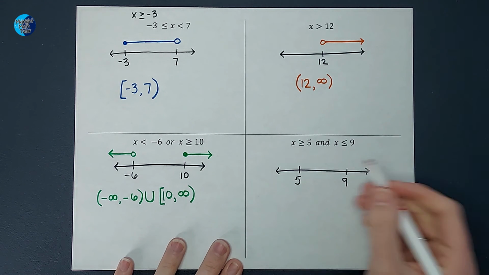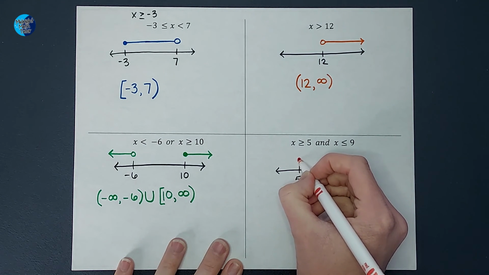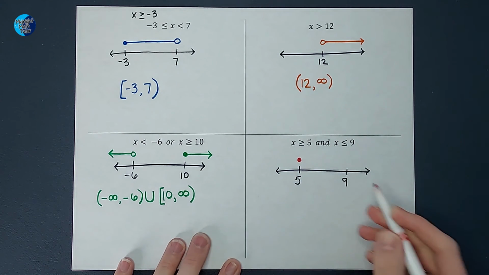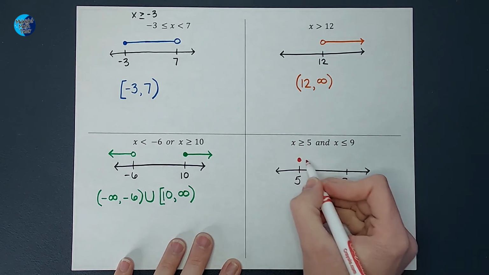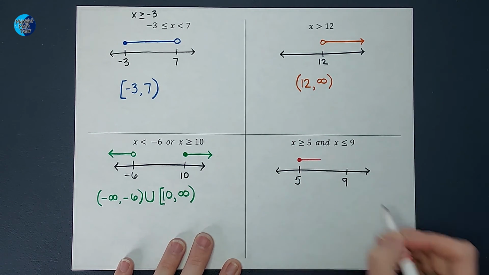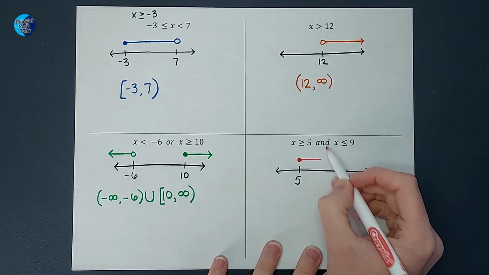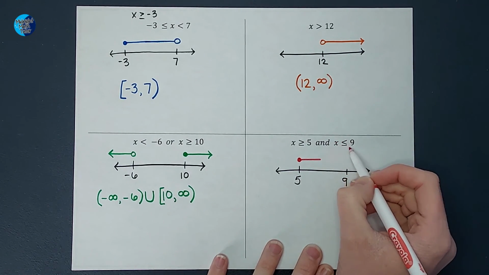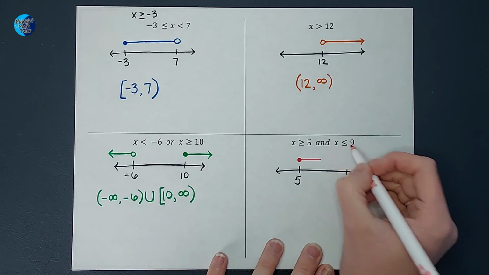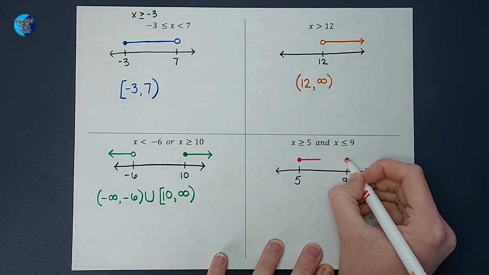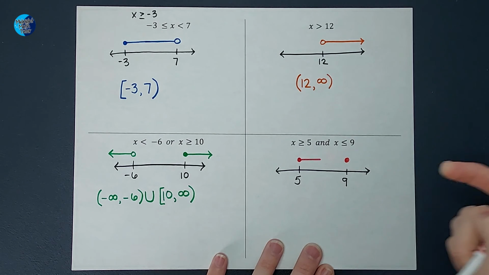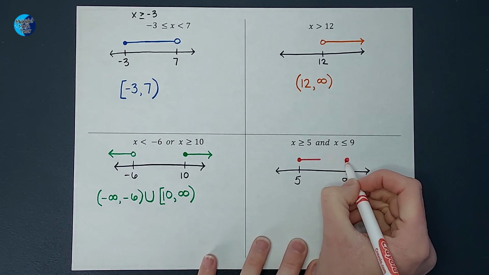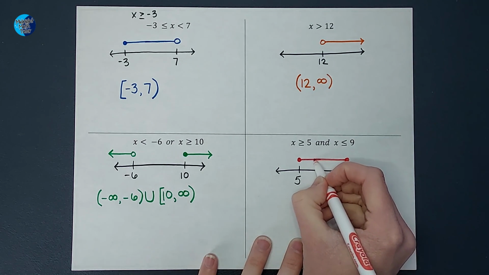So this is going to be a closed circle going in greater than, so the numbers bigger than 5, so going in this direction. And then we want to see how the 9 affects it, so I'm going to write it all the way. x is less than or equal to 9. So again, it has that equal to, so I'm going to use a closed circle again. And it's the numbers less than, so in this direction.